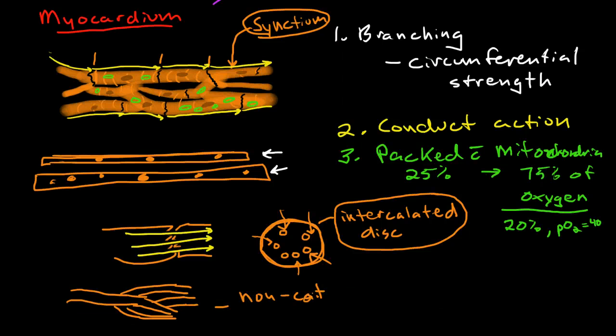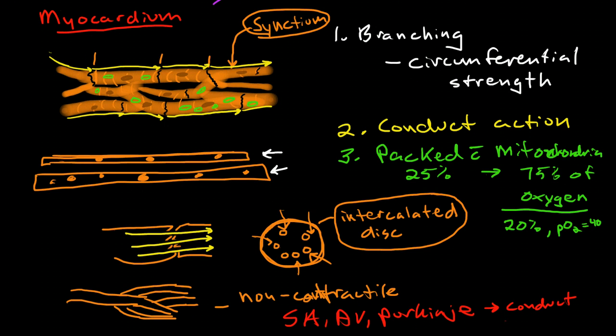So they're non-contractile, and these are going to be the tissues that make up the SA node, the AV node, and the Purkinje fibers of the heart. So these cannot contract, but they can conduct action potentials. Again, they are muscle cells, myocardial muscle cells, that don't have actin and myosin.